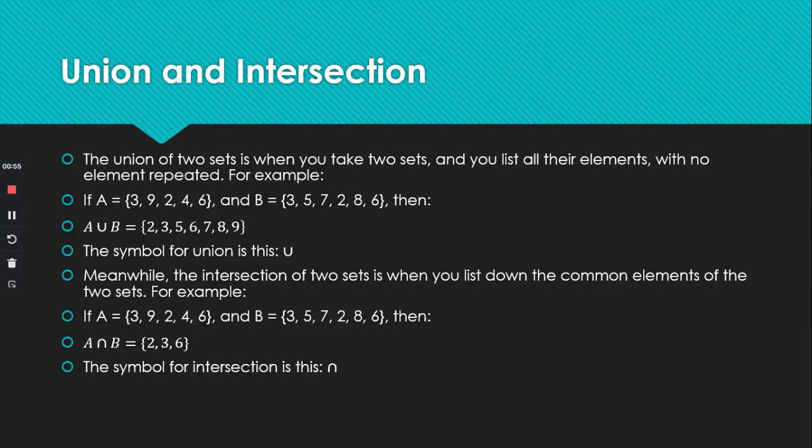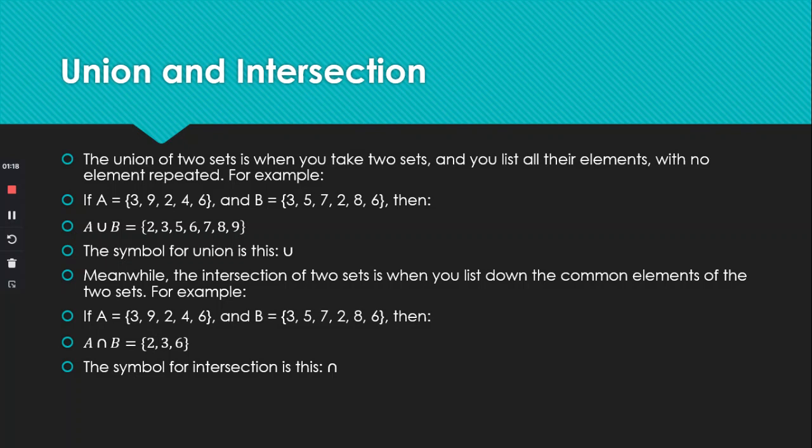Union and intersection. The union of two sets is when you take two sets and you list all their elements with no element repeated. For example, if A is equal to {3, 9, 2, 4, 6} and B is equal to {3, 5, 7, 2, 8, 6}, then A union B is equal to {2, 3, 5, 6, 7, 8, 9}.